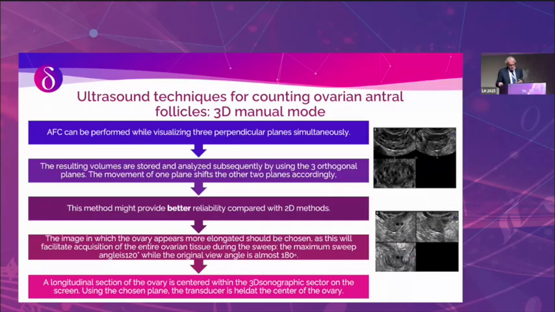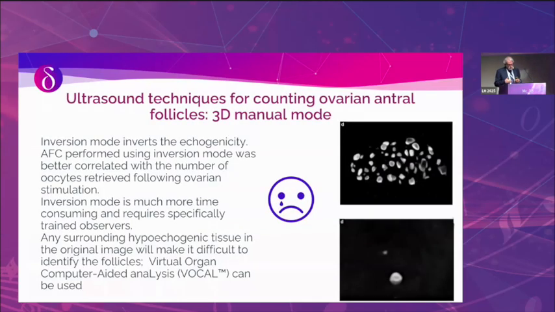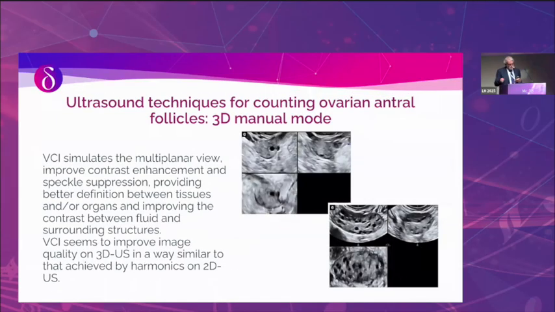But when, for example, we use a particular tool such as inversion mode, it is interesting in the case of this kind of beautiful images, but probably not so helpful in terms of clinical evidence. VCI, volume contrast imaging, is interesting because it increases your capacity to recognize follicles. After you have this information, your acquisition is usually faster.